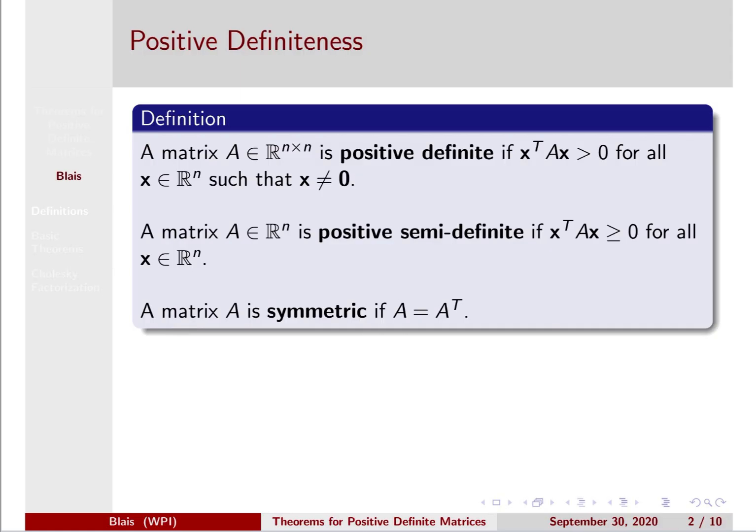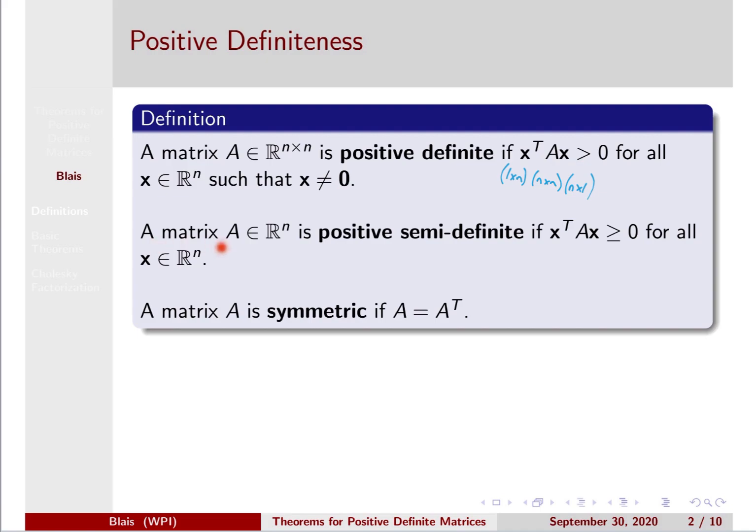So this is a 1 by n times an n by n times an n by 1, and the result of this product is a 1 by 1, or a scalar. So A is positive definite if this scalar, this quadratic form, is always positive for any non-zero vector x.